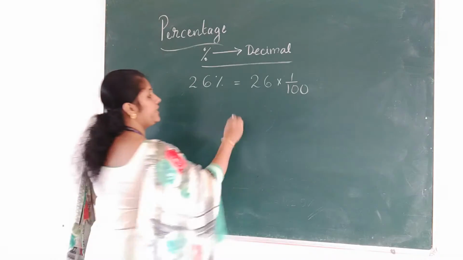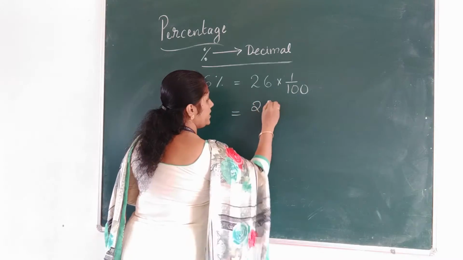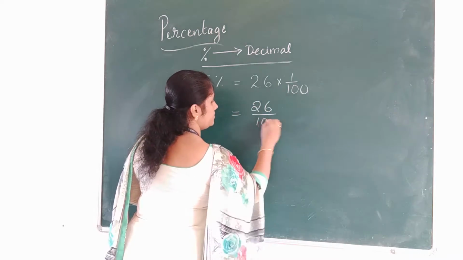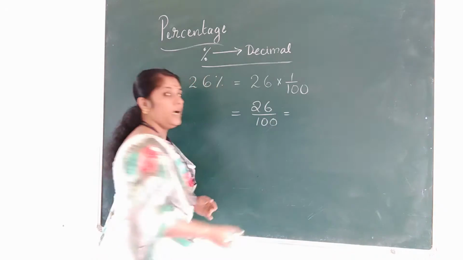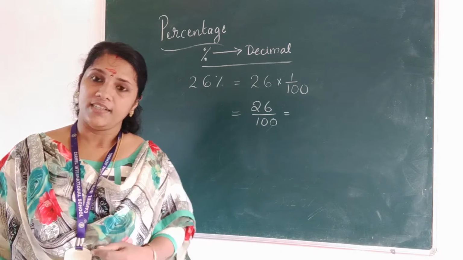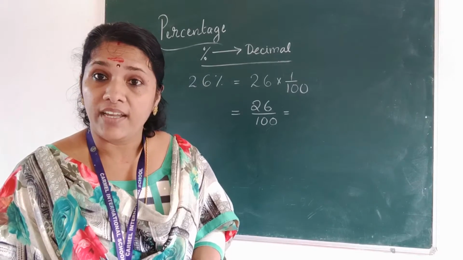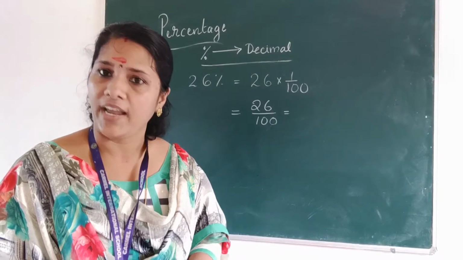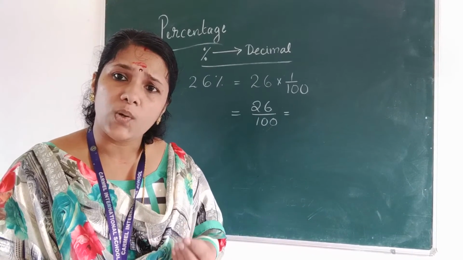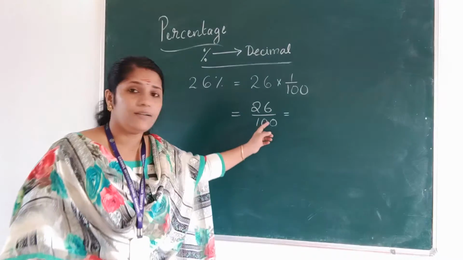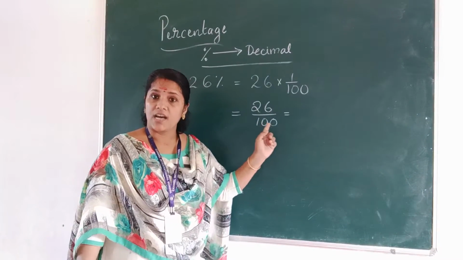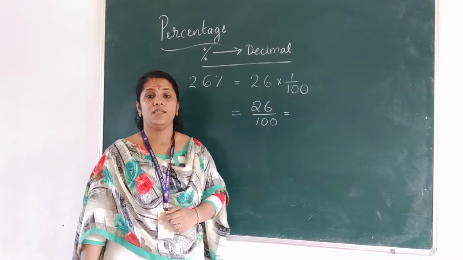This one you can directly write as 26 by 100. We have learned how we can write it in decimal form, right? How many zeros are in the denominator? 2 zeros are in the denominator.